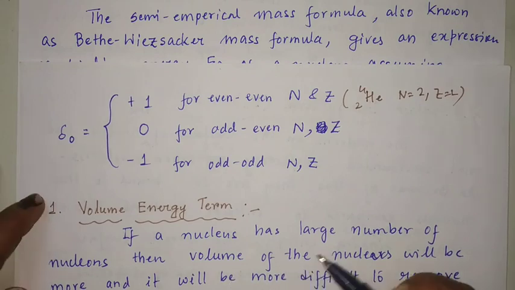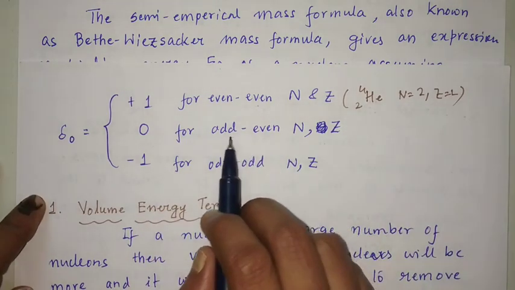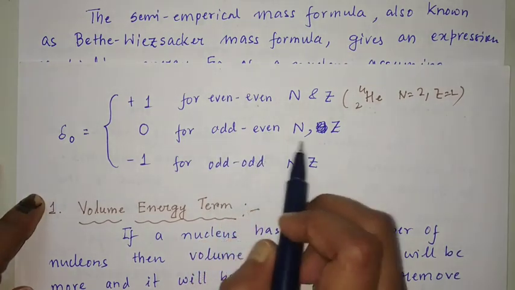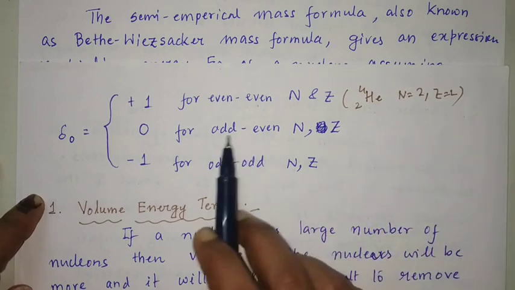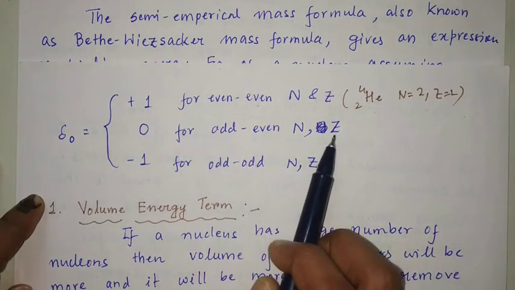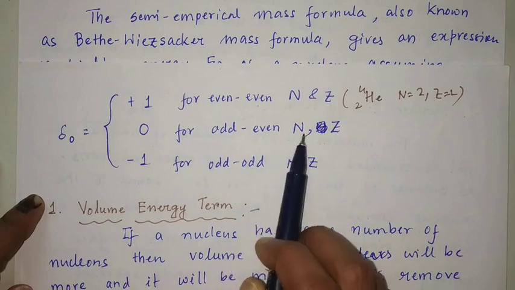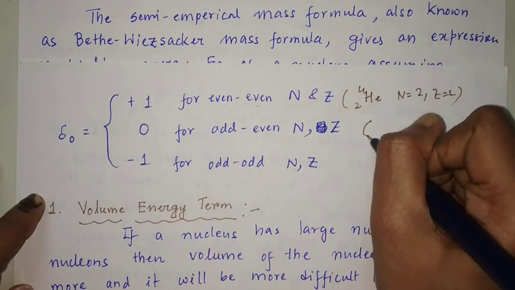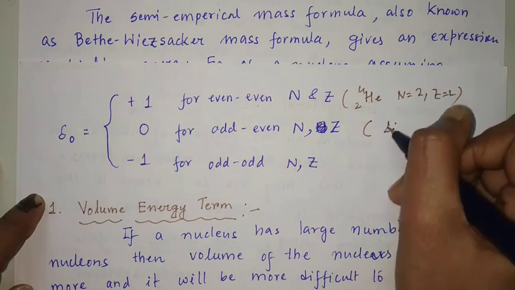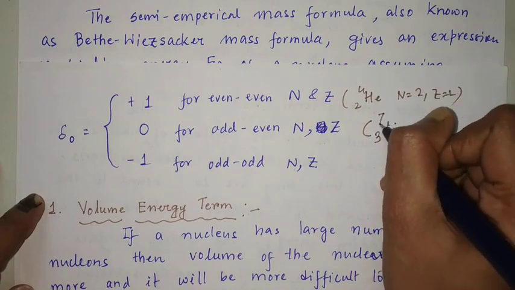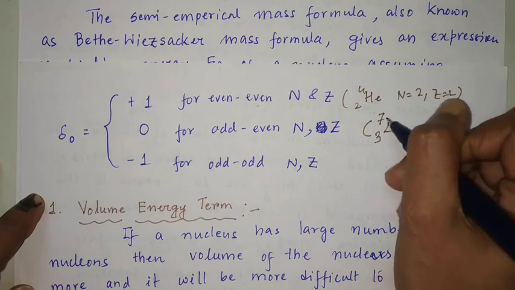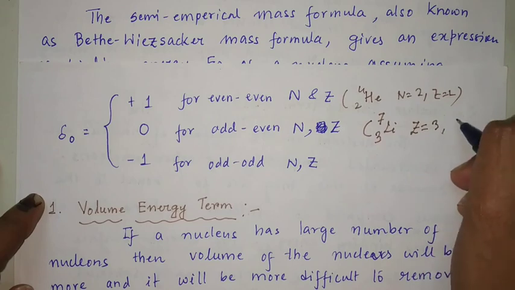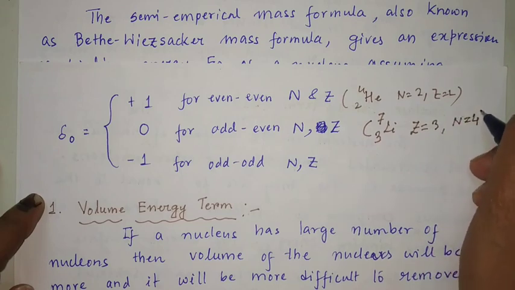And then delta_0 is 0 for an odd-even or even-odd pair of neutron and proton. That means neutron may be an odd number and proton an even number, or neutron may be even and proton odd. One example is the nuclide of lithium-7, where proton number is 3, which is odd, and neutron number is 4, which is even.